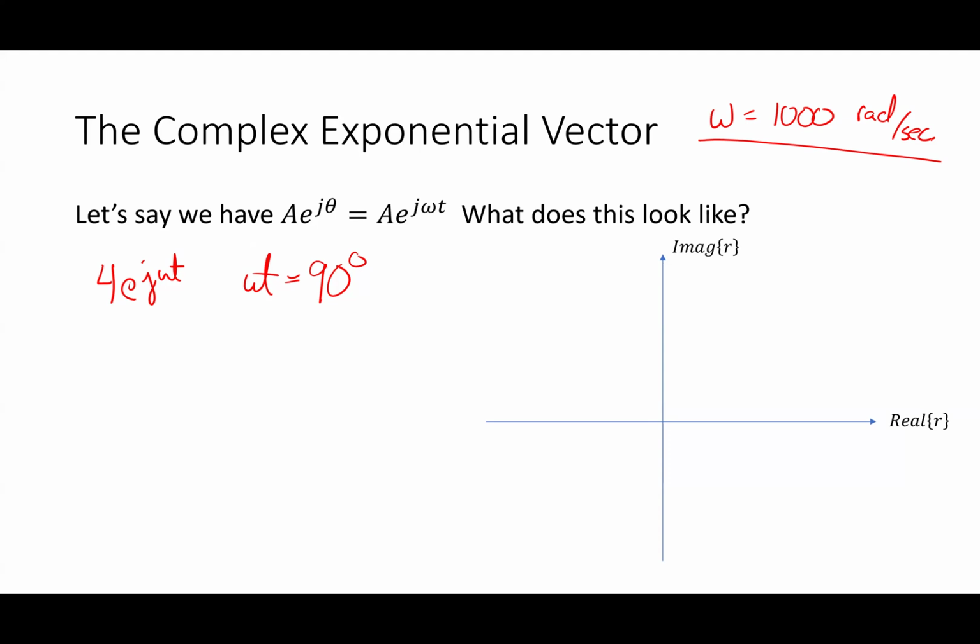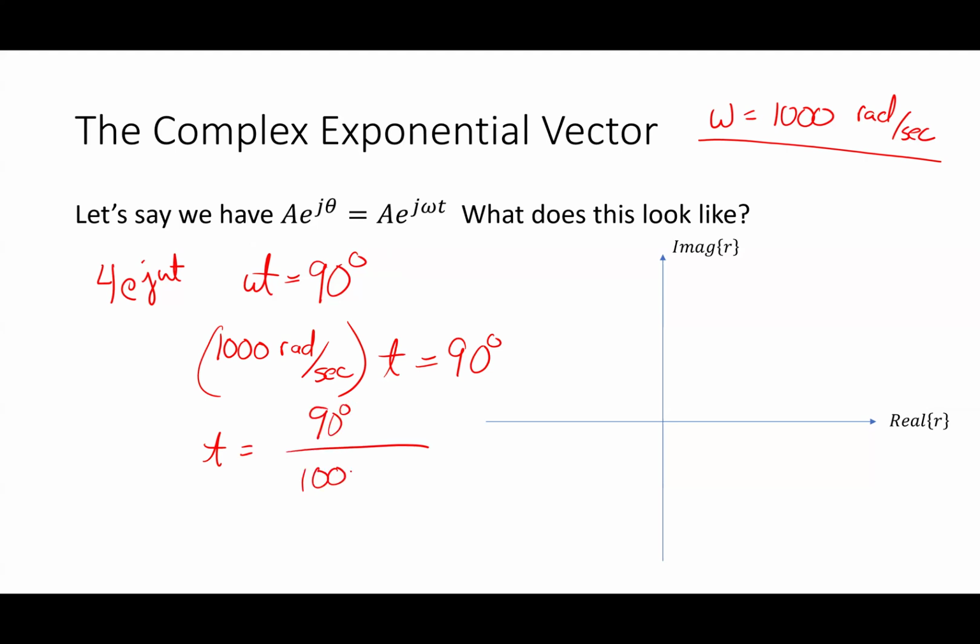Yeah, I calculate and convert the 90 degrees to radians. So that basically would say, all right, let's do this. 1,000 radians per second times t equals 90 degrees, or t equals 90 degrees divided by 1,000 radians per second. I got to do a conversion here.